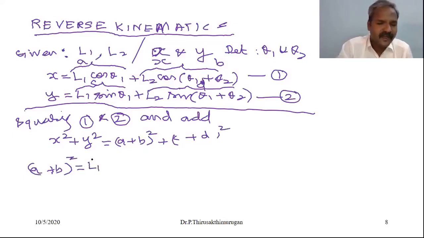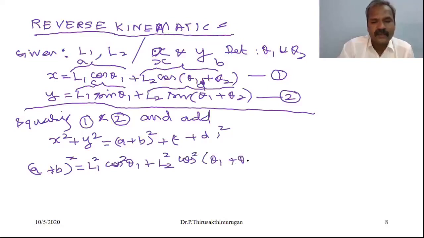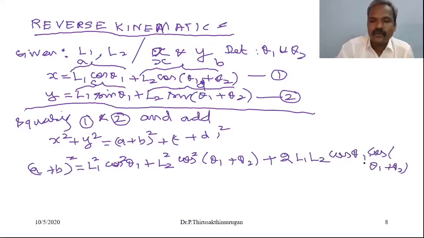L1 square cos square theta 1 plus L2 square cos square of theta 1 plus theta 2 plus 2 L1 L2 cos theta 1 into cos of theta 1 plus theta 2.